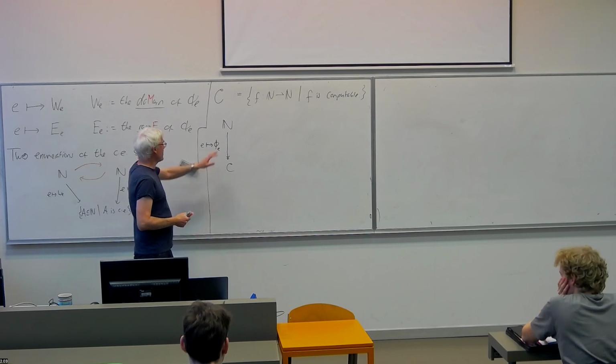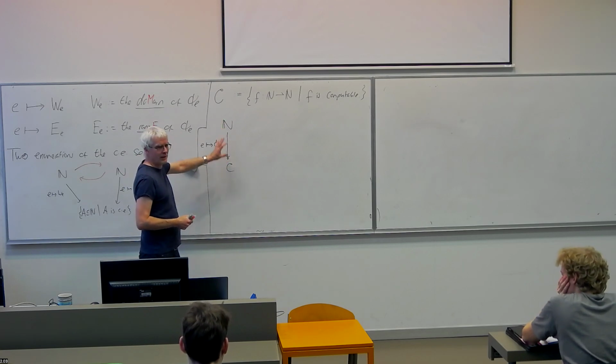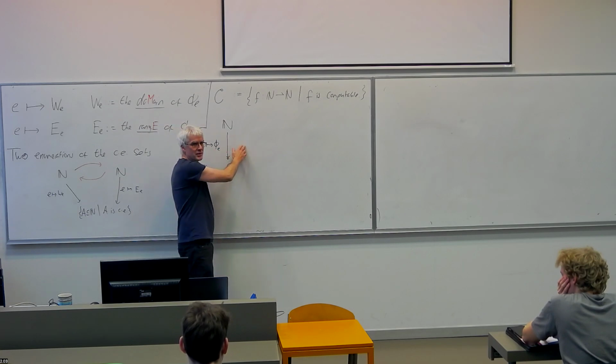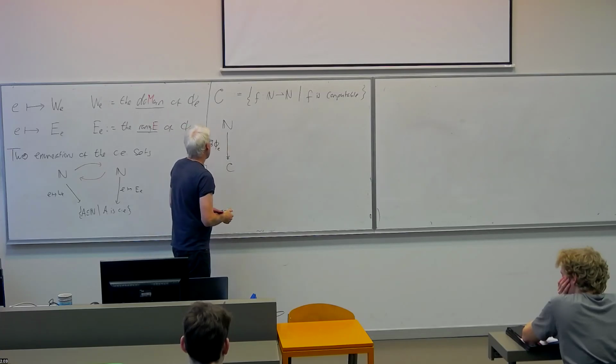Now, I want to mention one way of looking at this picture, just because the technical questions we're going to consider seem a bit abstract, but to try to emphasize that they are related to questions in the real world. So let's think about how this e maps to phi sub e works.